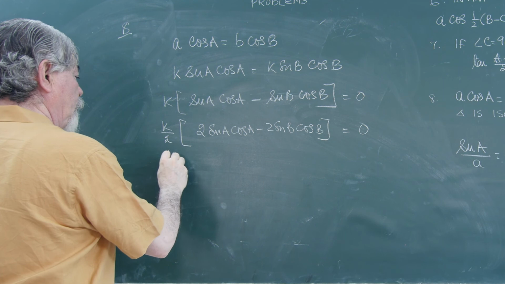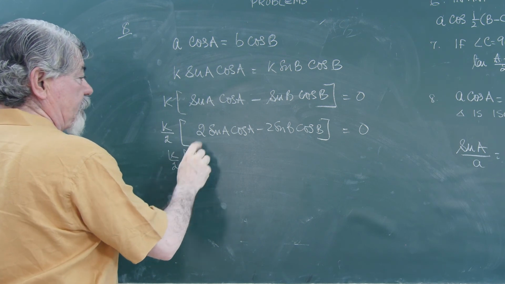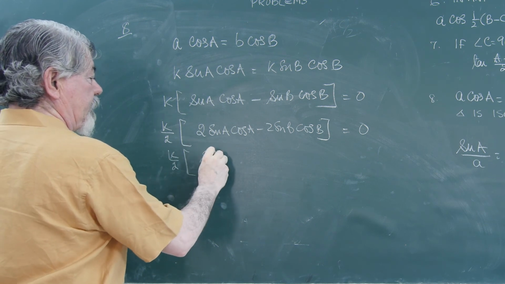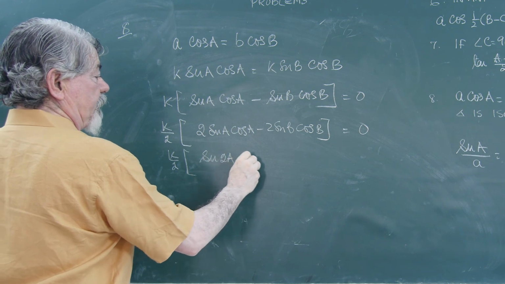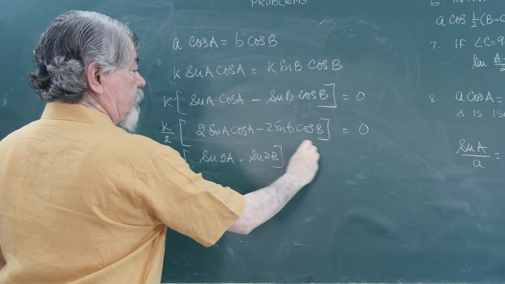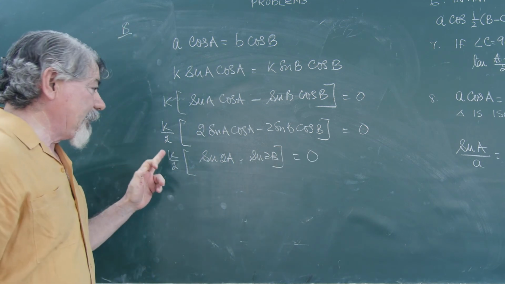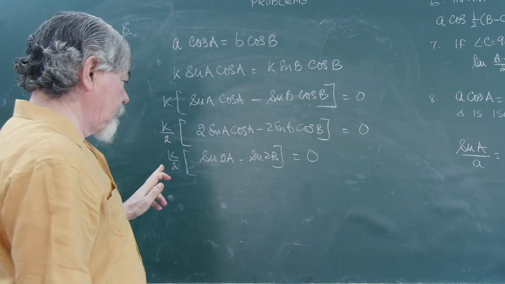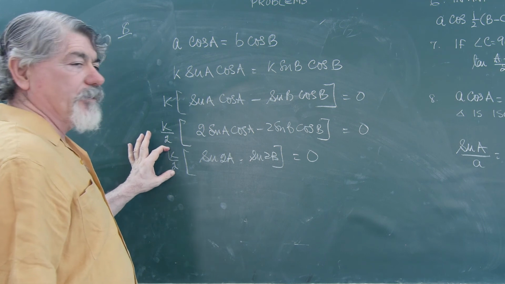It becomes k upon 2 (sin 2A minus sin 2B) equal to 0. Neither k can be equal to 0 nor 2 is equal to 0, so this is irrelevant.